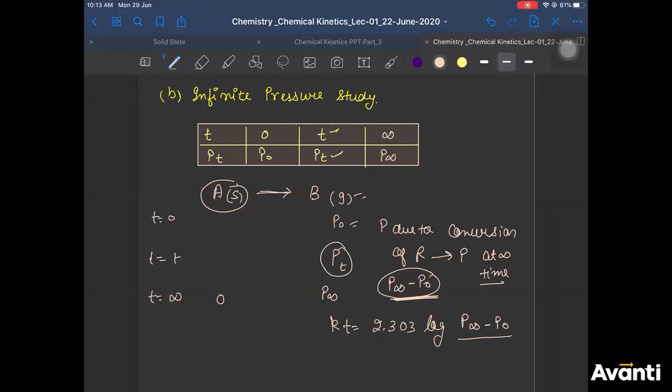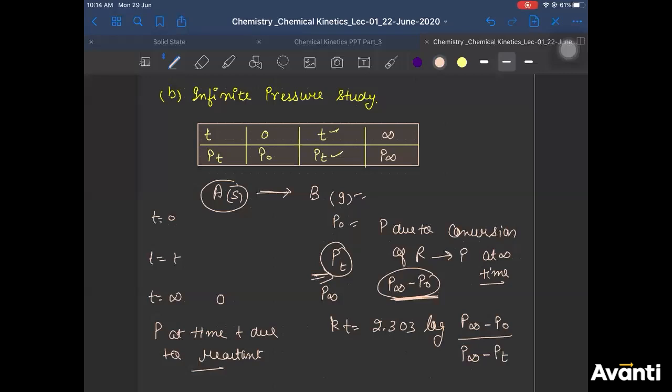So can you tell me what will be the pressure at time T due to reactant? Pressure at time T due to reactant. Very good, Athar. It will be P infinity minus PT. Is that clear? This is very, very good.